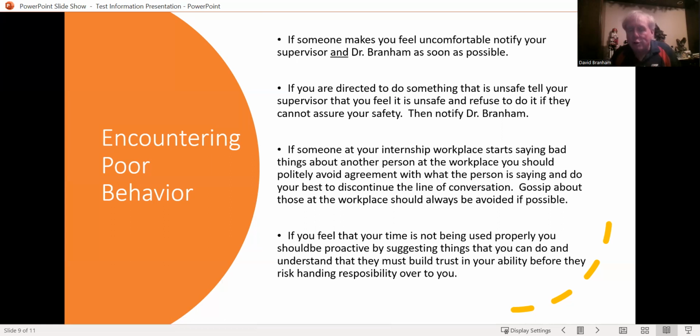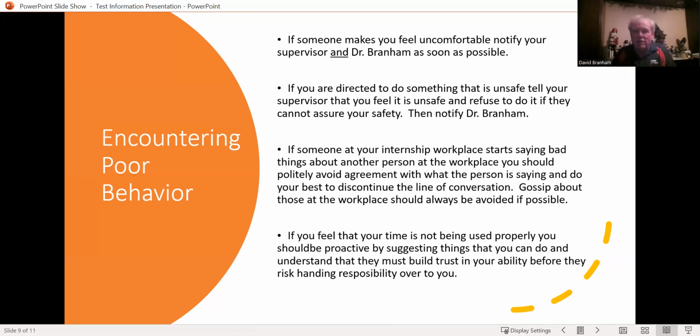It is my duty as a professor to report any sexual misconduct that I see. So I'm just forewarning you that I will report any sexual misconduct that you tell me. That said, go ahead and tell me, especially if you're in the internship where this is going on. Let me know so I can act on your behalf.